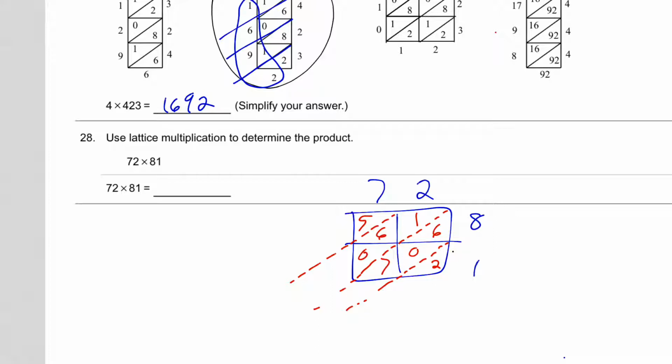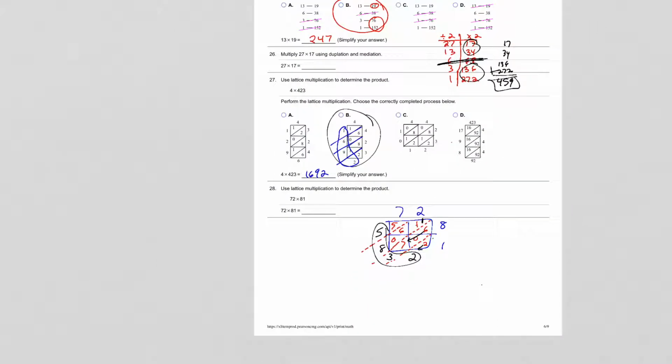So now we're going to be adding. The 2 comes down by himself. And then the 7 plus the 6 is 13. Carry the 1 here. So then we have 1 plus 1 plus 6 is 8, and then the 5. So there's our answer. Okay, almost done.